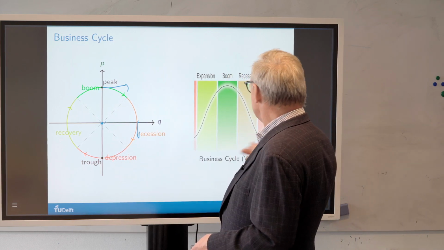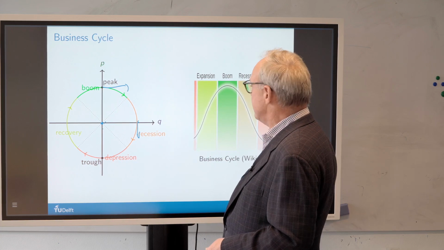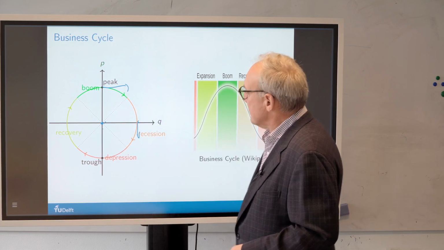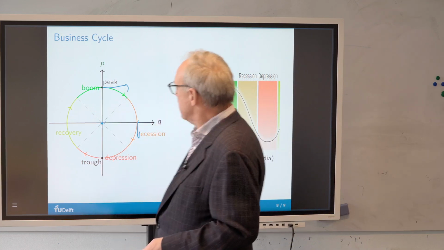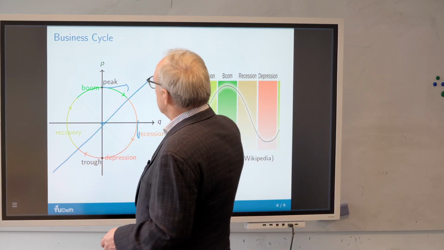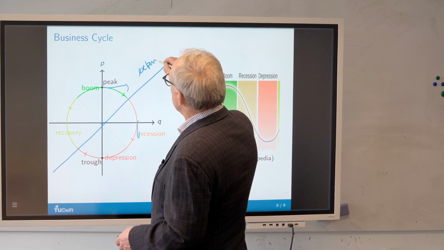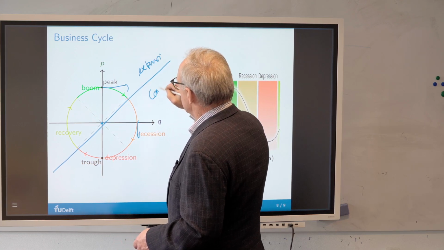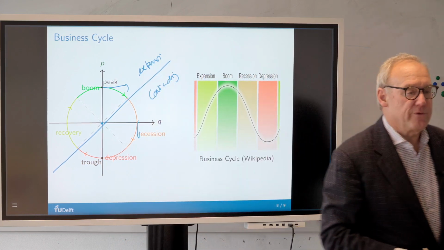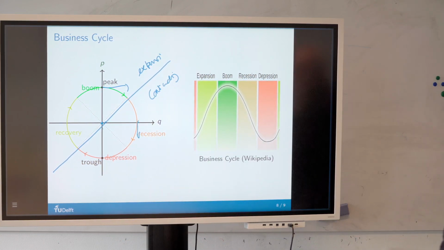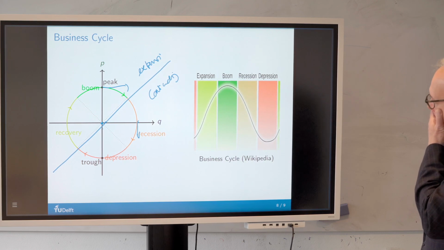There's a depression. So you can see they give it these colors. I guess the other one I gave it the wrong colors, but this is how you would want to see it. So this is when the economy is expanding, and this is when it's contracting, right? So it's going through those phases.